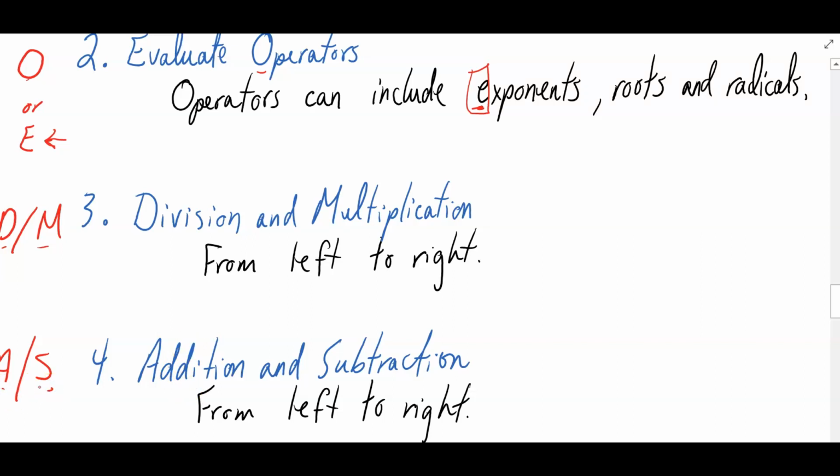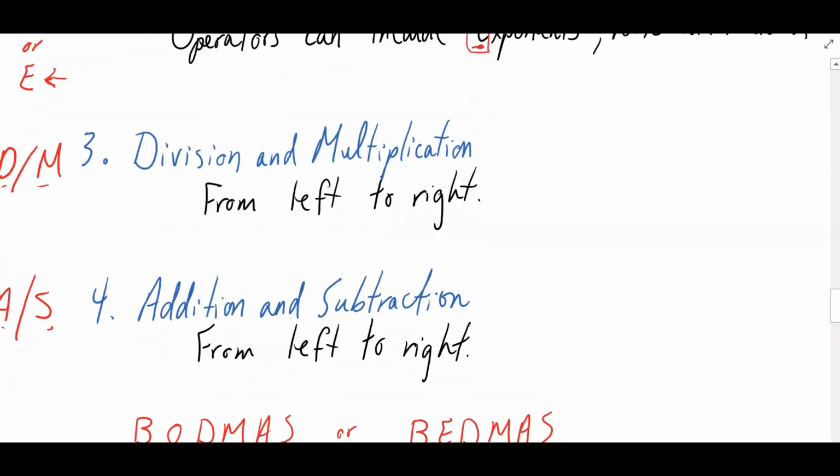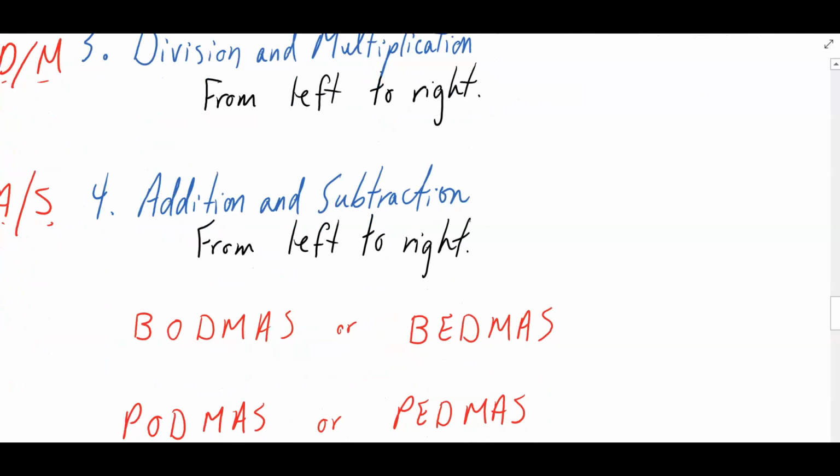So some common words to help us remember order of operations: BODMAS, if you're using B for brackets, O for operator, or BEDMAS, B for brackets, E for exponents. Some people use parentheses instead of brackets, so it could be PODMAS or PEDMAS. And if you have learned a different abbreviation and it works for you, keep using it.